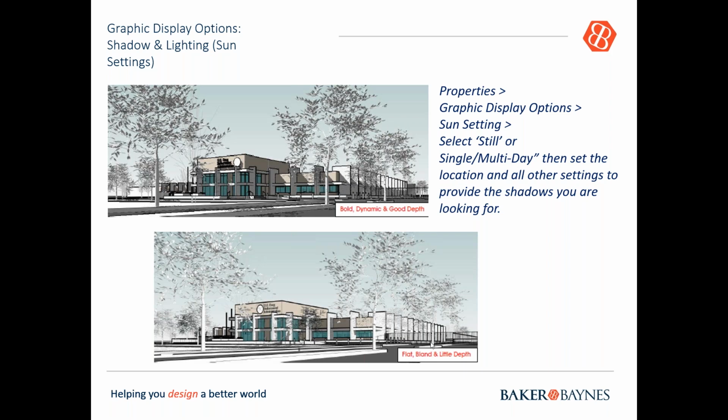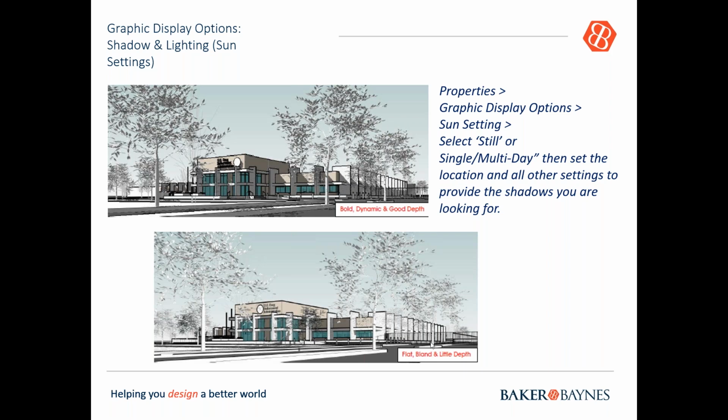Now, Revit provides the ability to adjust the sun settings not just to create a dynamic, accurate representation, but it also helps you to make your drawing more visually dynamic and interesting. The way you adjust this is you can adjust the settings by date and time in order to provide a single setting, or you can produce a multi-day solar study. This is done when you are doing your sun settings, right?